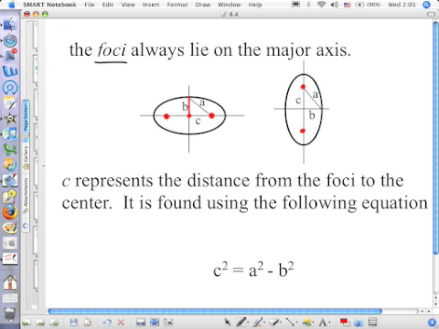B represents the distance from the center of the ellipse to the end of the minor axis. So what is the relationship of B's measurement and the distance of the whole minor axis? It's half of it.